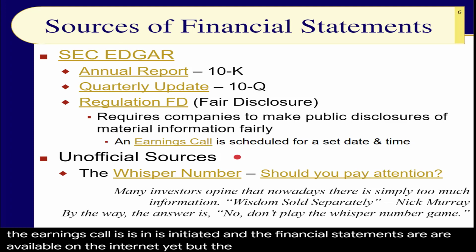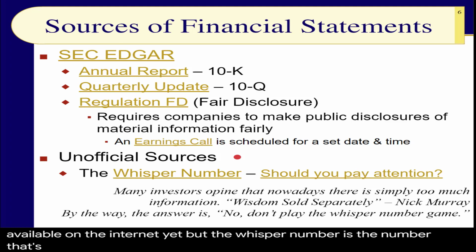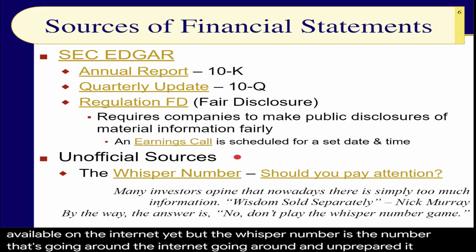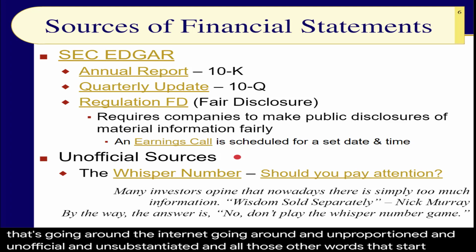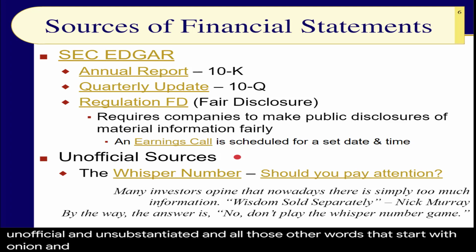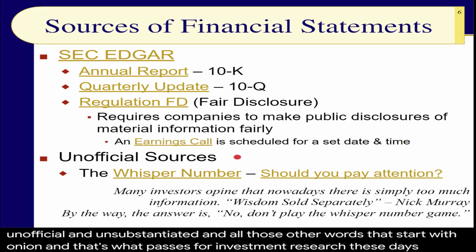But the whisper number is the number that's going around the internet, going around in unpurported and unofficial and unsubstantiated and all those other words that start with un. And that's what passes for investment research these days.